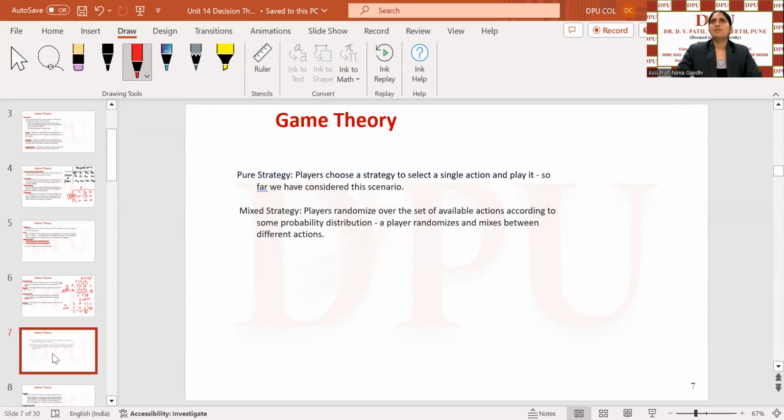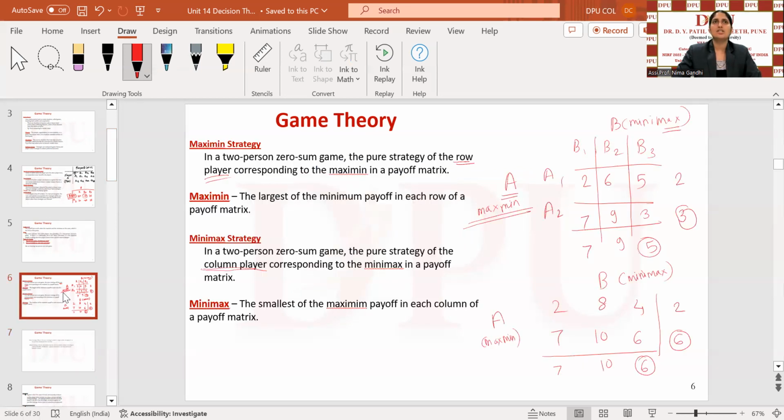So pure strategy means the player is selecting a single strategy. So when the player is selecting the single strategy, then only we have the saddle point in the problem. So in this particular problem, can you tell me which strategy they have used?